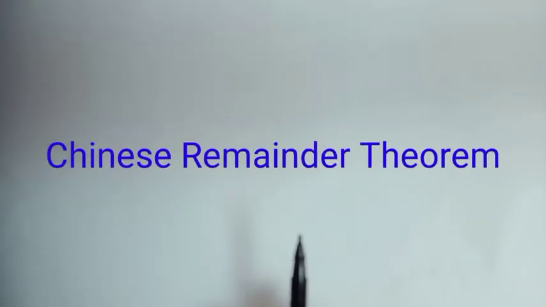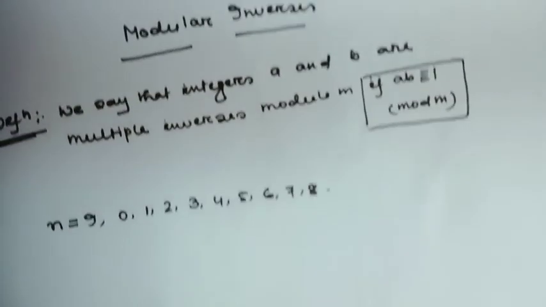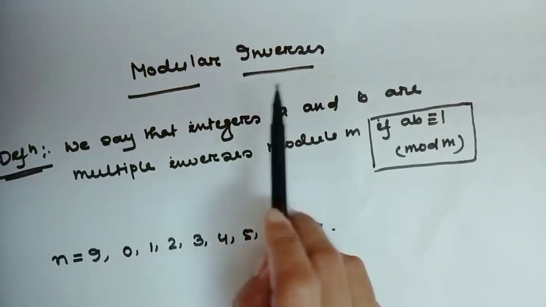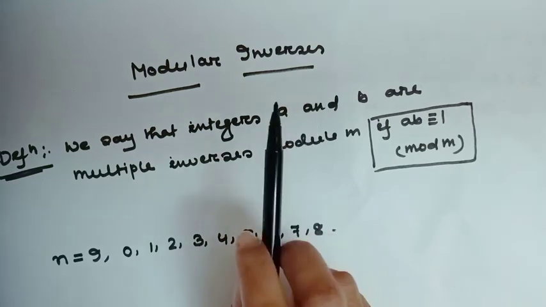Today I am going to discuss the Chinese remainder theorem. The Chinese remainder theorem is used to find the solution of a linear congruence. But before discussing it, at first I will discuss modular inverses.